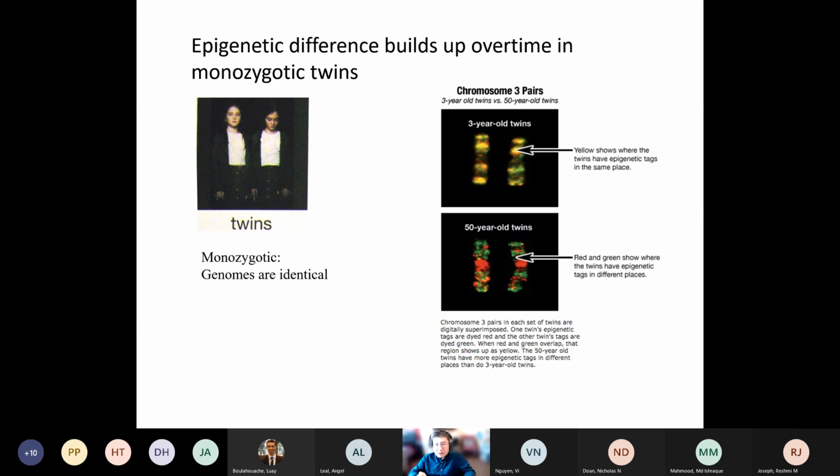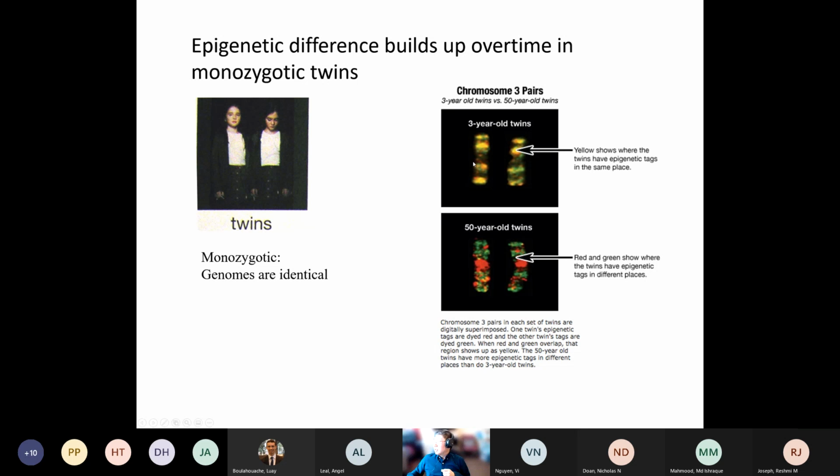And then when you try to overlap those two colors virtually, at early years, you can see they have a high degree of common places.